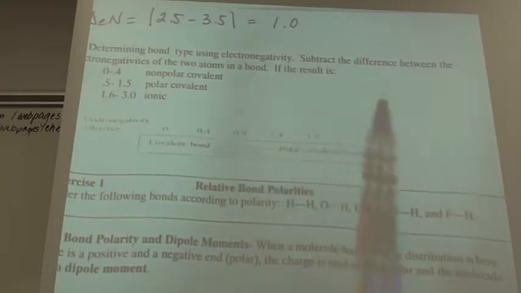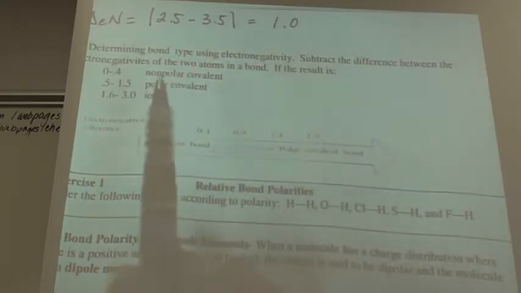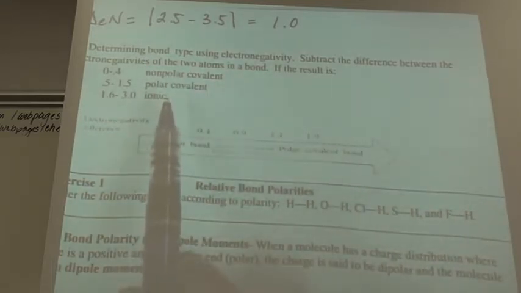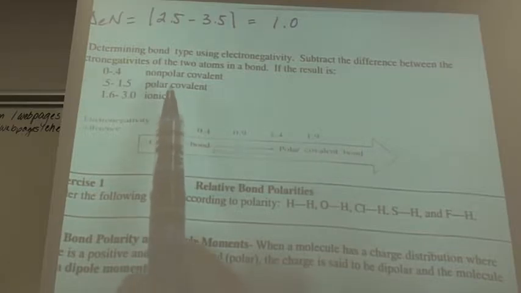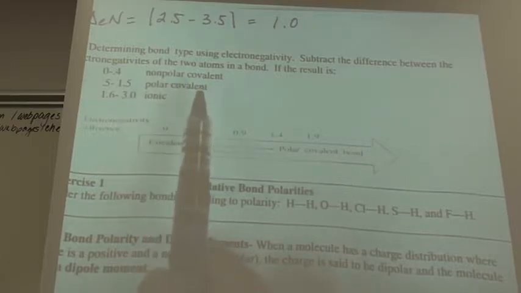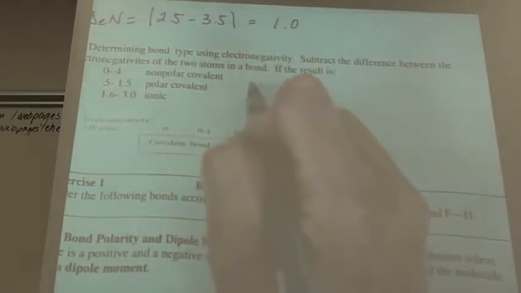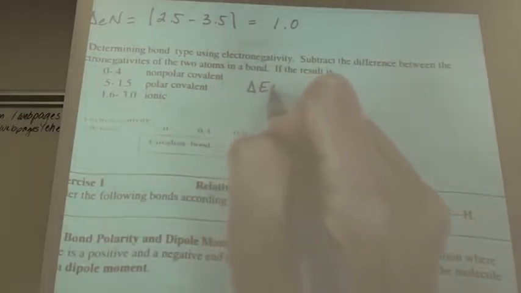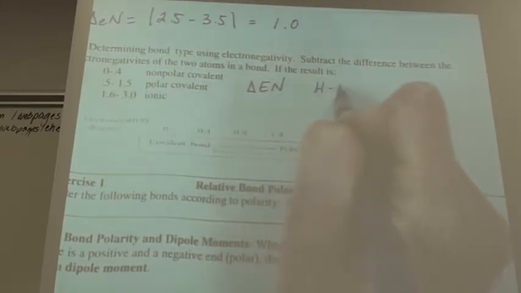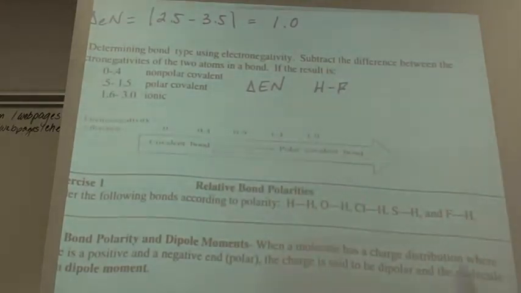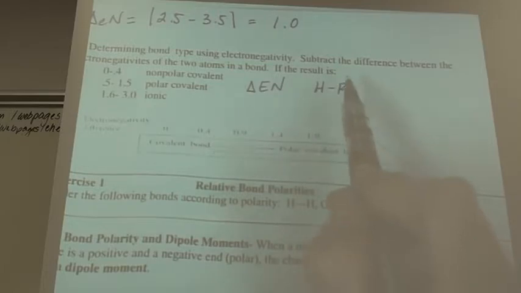We reserve the term ionic for a nonmetal and a metal. We reserve the term covalent for two nonmetals. So if we look at the difference in electronegativity between these two atoms, we know fluorine is by far the most electronegative atom on the periodic table.